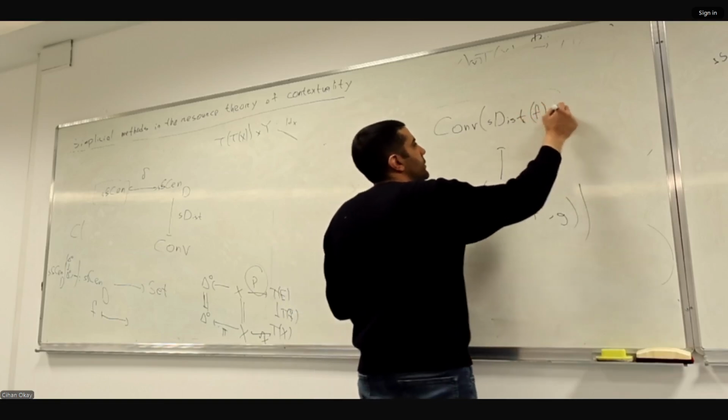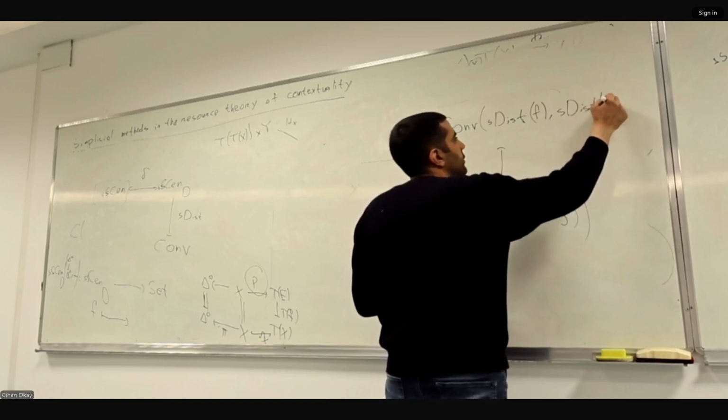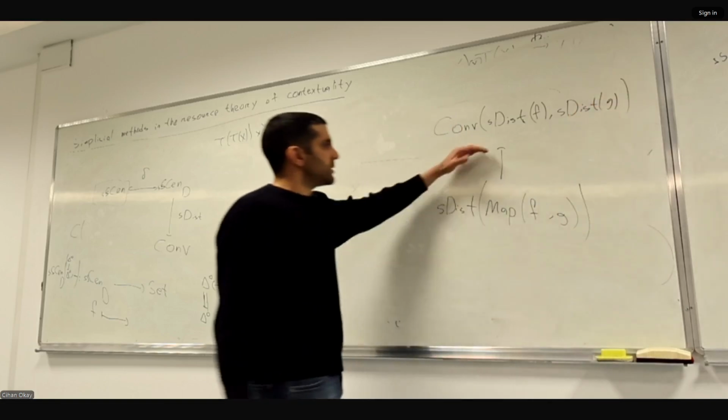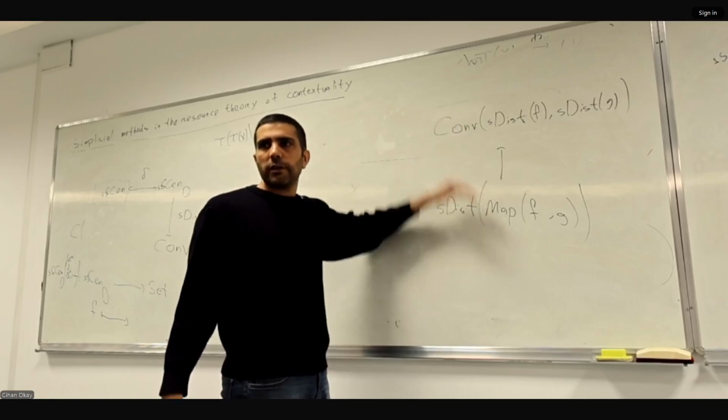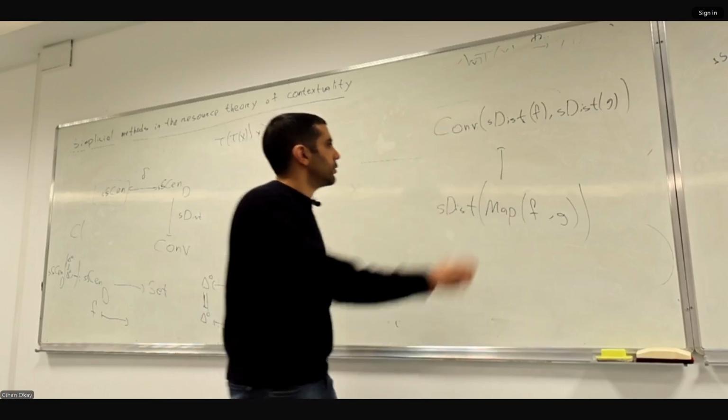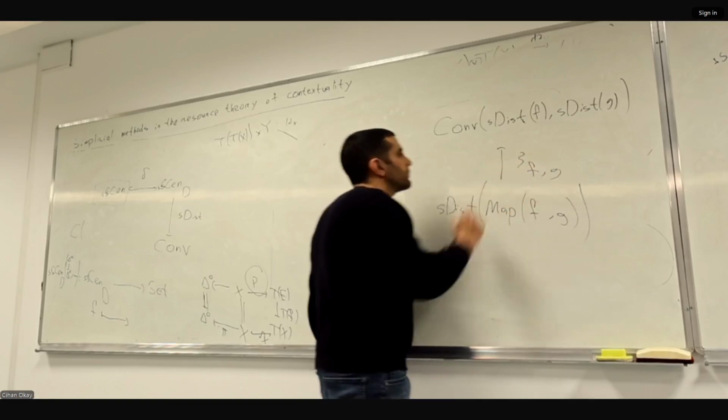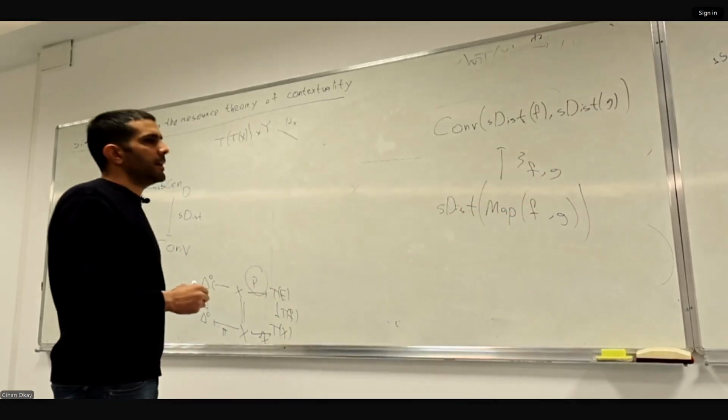A simplicial distribution F, it just gives me one. There is a really natural construction here from here to here. Let's call it Fg.